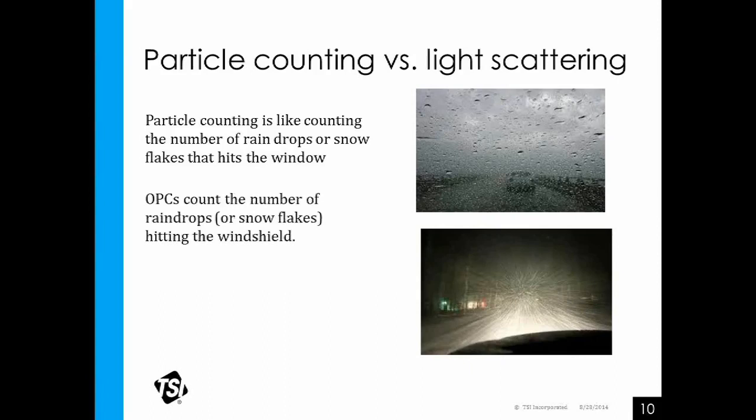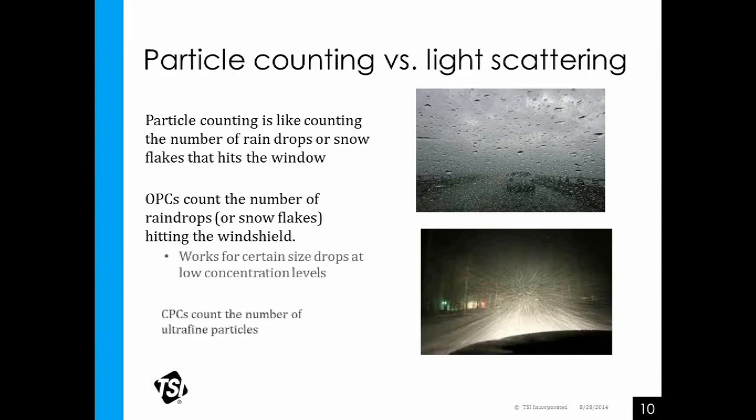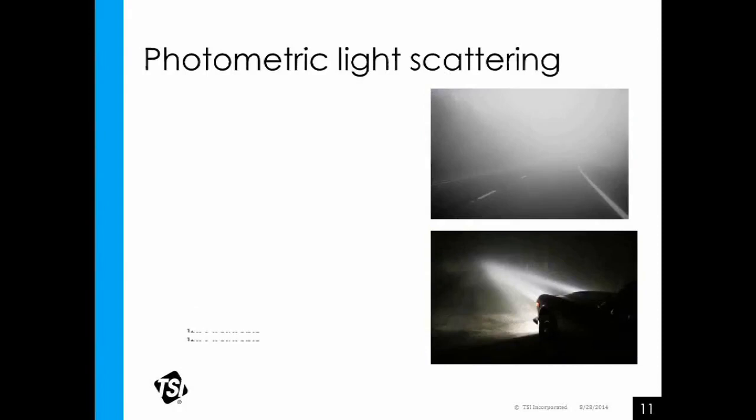So an OPC, or optical particle counter, will count the number of raindrops or the number of snowflakes that would hit your windshield. And that's going to work fine in certain concentration levels and certain size levels, lower concentrations. A condensation particle counter works in a very similar way. It's going to count the actual number of flashes of how many particles are in the air. So that's optical particle counting. That's condensation particle counting. A little different than photometric light scattering.